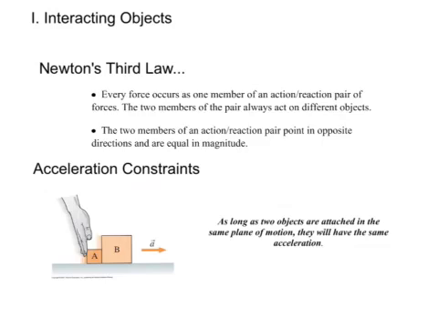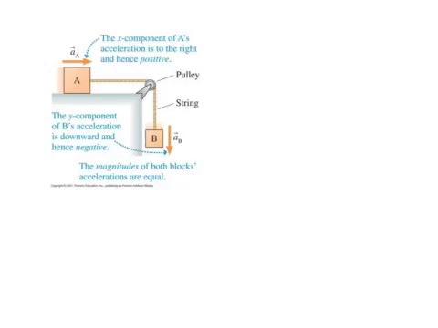involving them. So while it's true that whenever two objects are attached in the same plane of motion, they'll have the same acceleration, we can't always assume that those two objects will have accelerations of the same sign. There are situations where we have attached objects where one object will have a positive acceleration and the other will have a negative acceleration, although the magnitude of the accelerations will be the same.